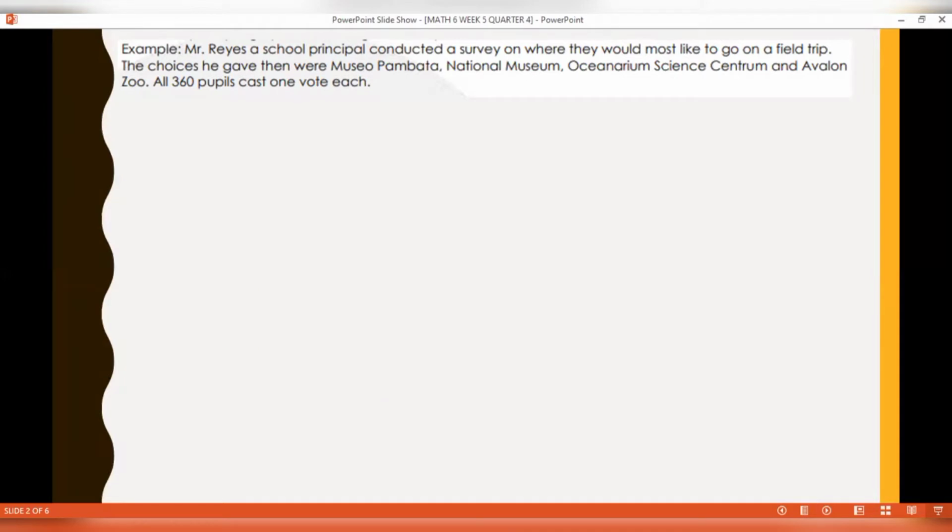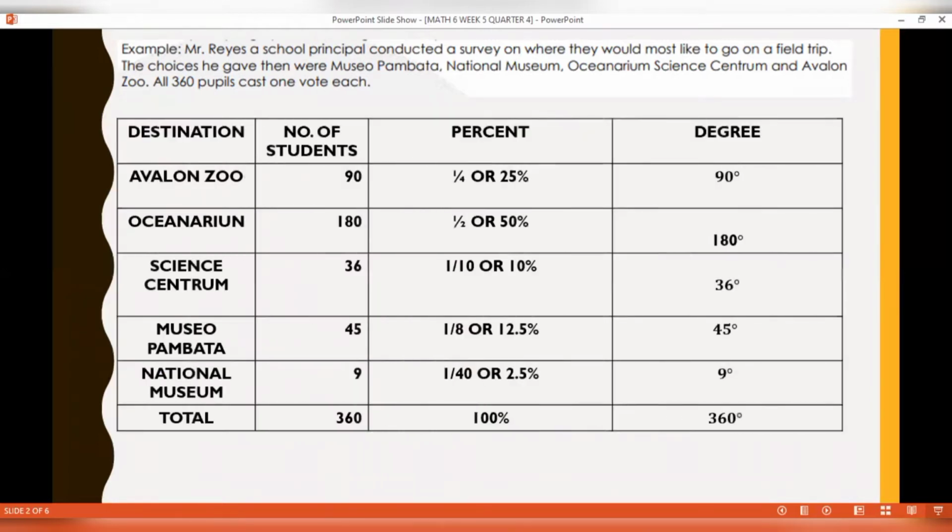All 360 pupils cast one vote each. So, nagbotohan kung saan gusto mag-field trip ng mga bata, kung saan yung itinerary or destinations. Ito yung mga lumabas sa survey ng principal.